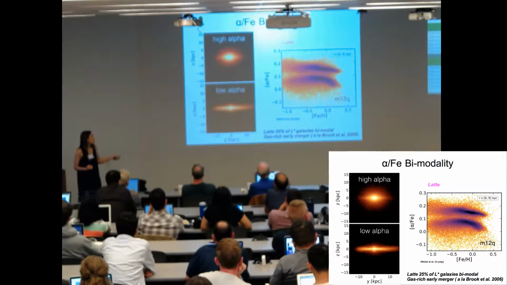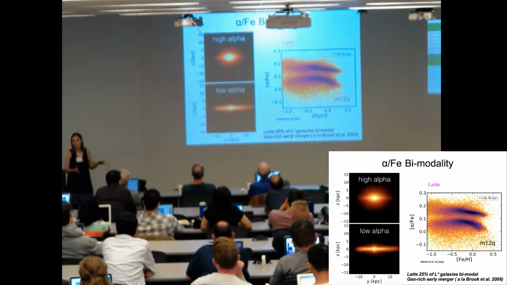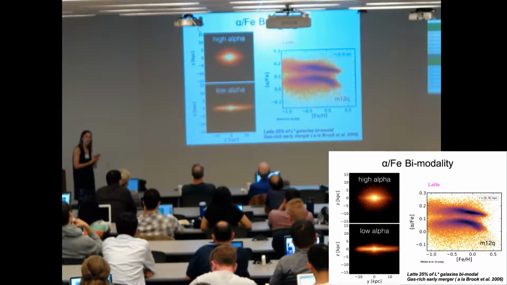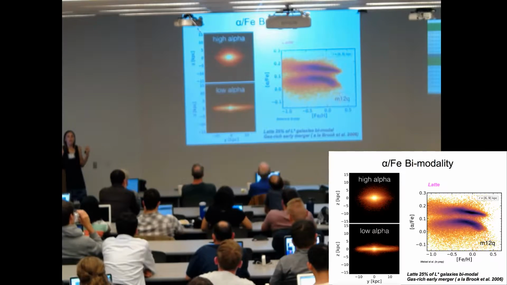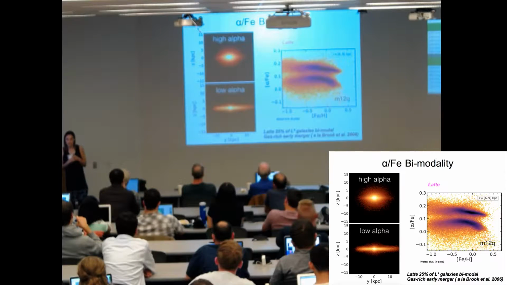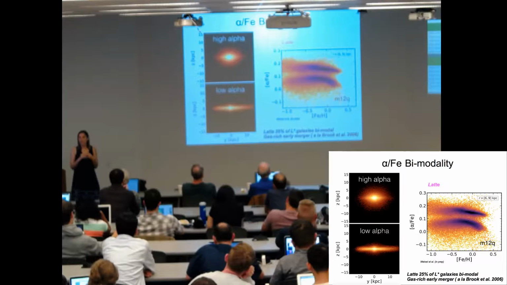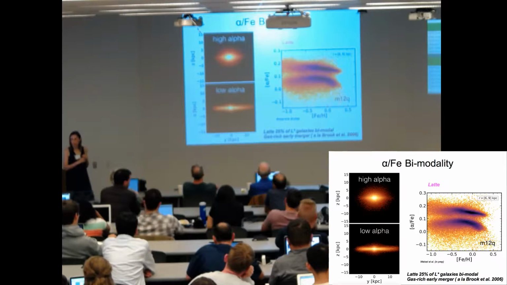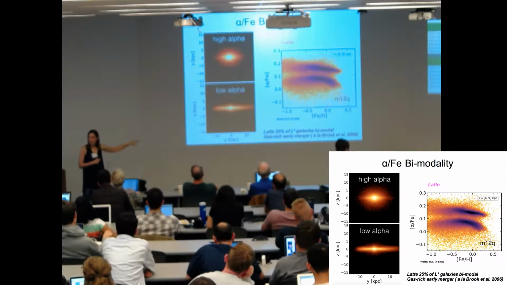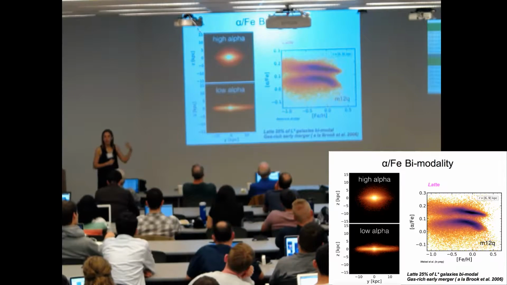On the right, you can see 2 clear different tracks for the disk overall for one of our simulations, m12i. We have 8 galaxies. 2 of them show this bimodality. That says that roughly 25% of our galaxies, of L-star galaxies, are showing this bimodality. And how is this generated? This is generated from gas-rich early mergers, the mechanism that Chris Brook talked about in 2016.